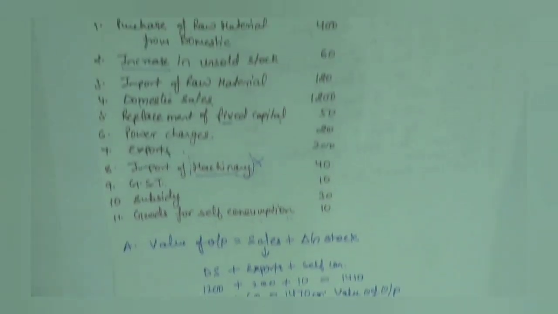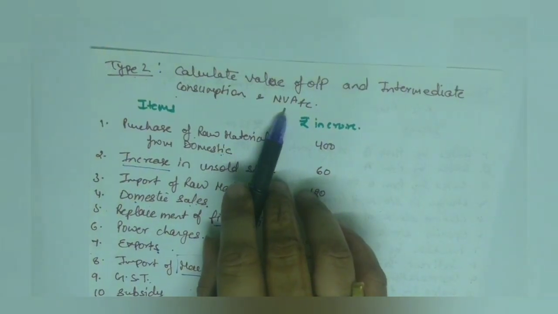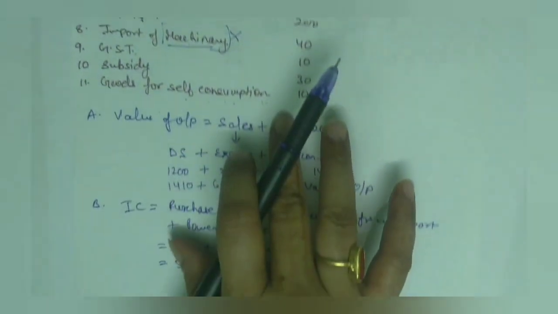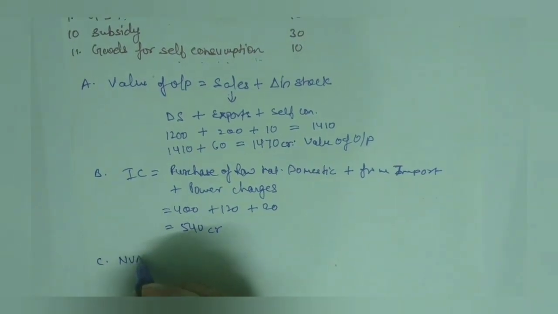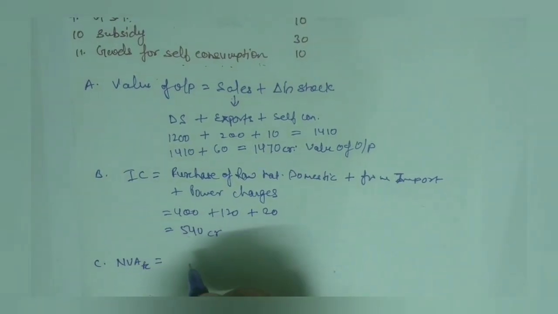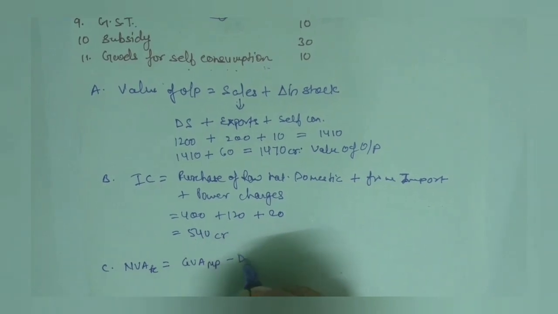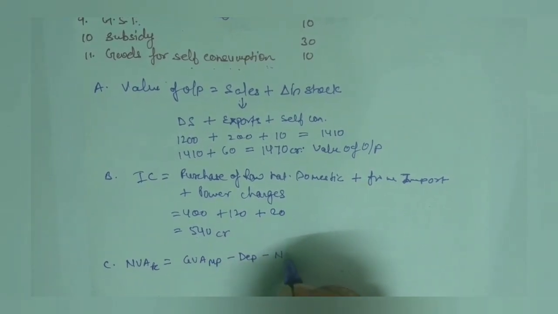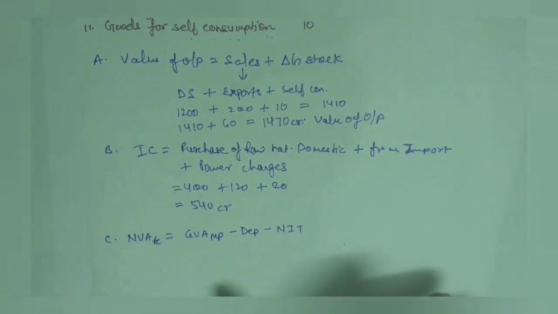Now according to our question demand, calculate NVAFC also. So calculation of NVAFC will be done like C part. NVAFC. What will be the formula? GVAMP minus depreciation minus NIT. This is the formula to calculate using 3-diamond rule.